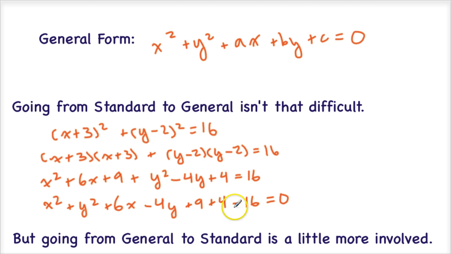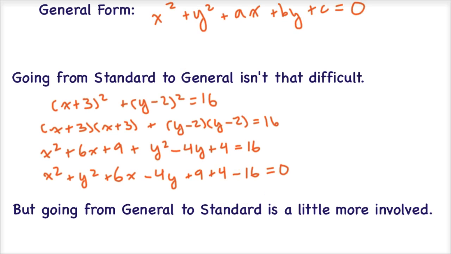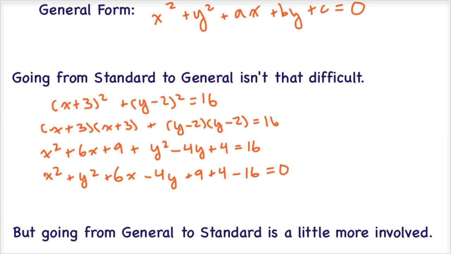So my last step to get this into what is called general form is to just simplify the whole number. So I have x² + y² plus ax, which is 6x, plus by, which is −4y, and then 9 plus 4 minus 16 is going to give me −3.